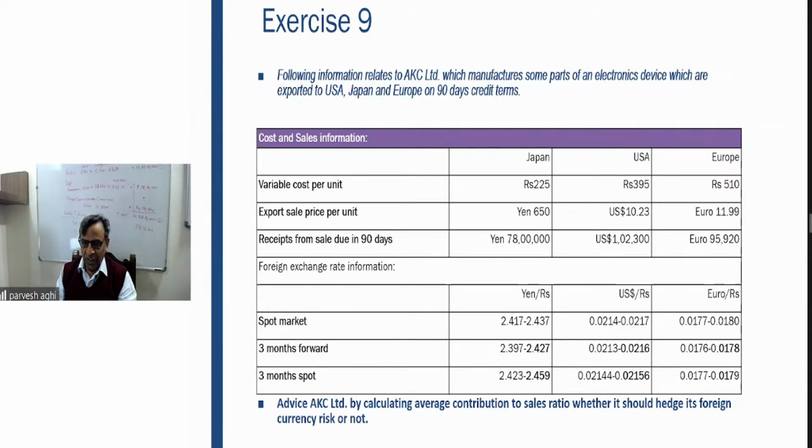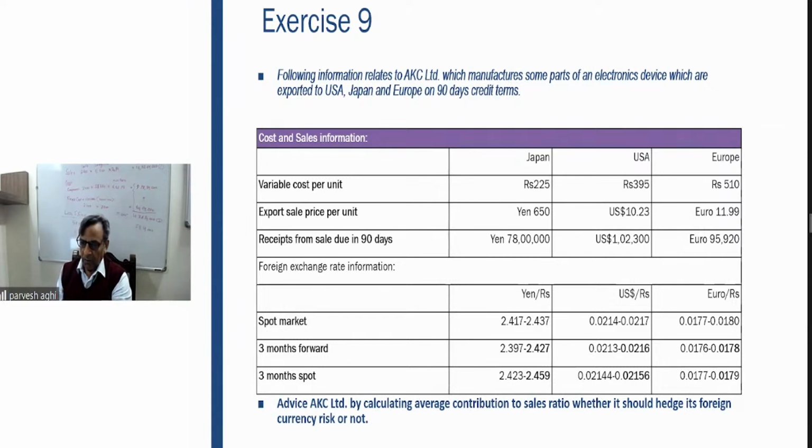Now, the foreign exchange rates information is given below. First, yen versus rupee. Basically, 1 rupee is equal to so many yen, isn't it? Because 1 yen is almost like 60 paisa, but if you have the indirect quote in terms of rupee, 1 rupee will be 2.47.